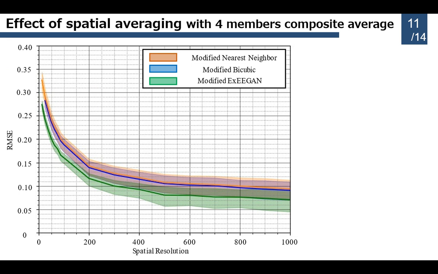In 1 kilometer resolution, after composite averaging with 4 members, our model, shown in the green plot, error decreased to 0.1. So it is reasonable accuracy, I think.